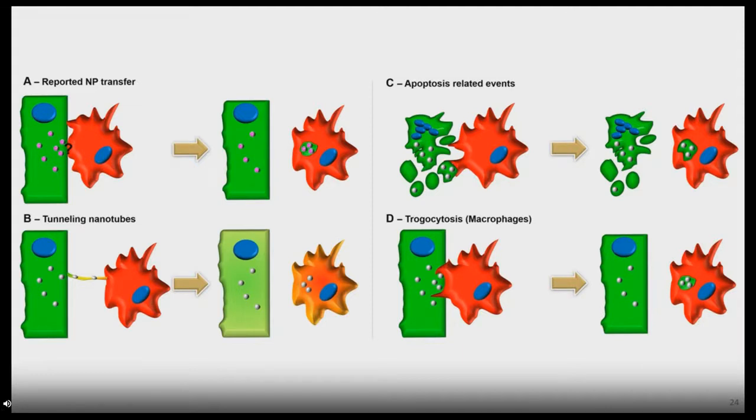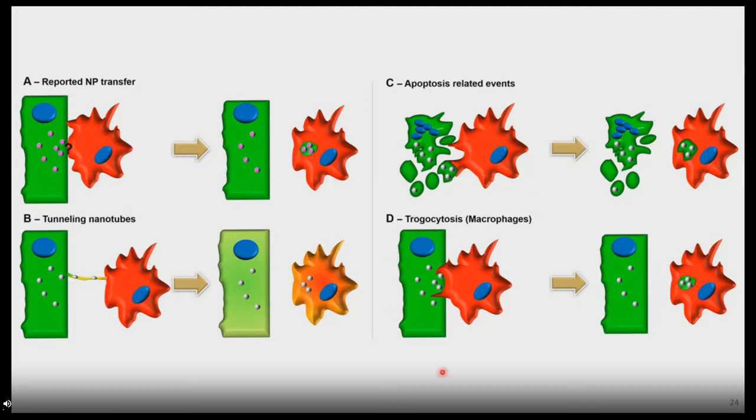But the problem is the donor cells in the videos stay alive, they don't die, and there are no dying cells around. And when we looked at the cell death induced by the injection of nanoparticles, beside the mechanical injury of injection, you don't see anything. So it's unlikely to be apoptosis related.